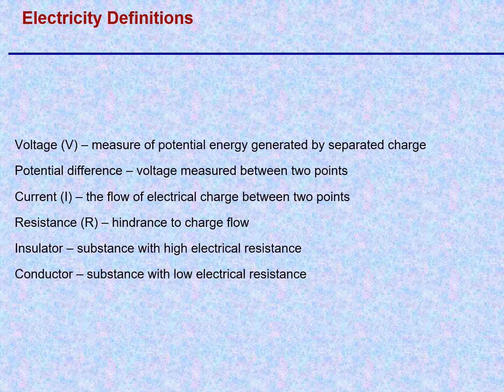Current is the flow of charge between the 2 points, and resistance is the hindrance to that flow. Anything that slows down the flow of charge is resistance. An insulator is any substance that has a high electrical resistance, and a conductor has low electrical resistance.